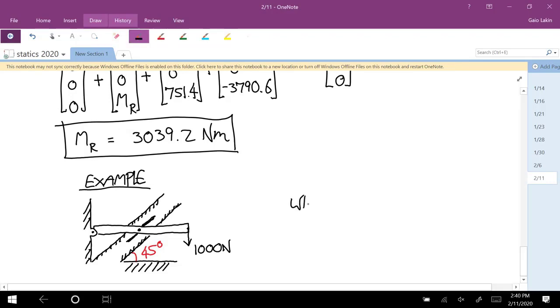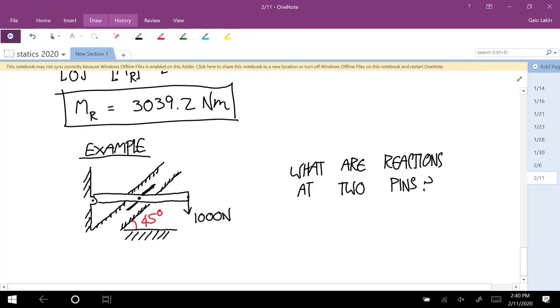And the question is, what are the reactions at the two pins? In the middle? Yeah, right.